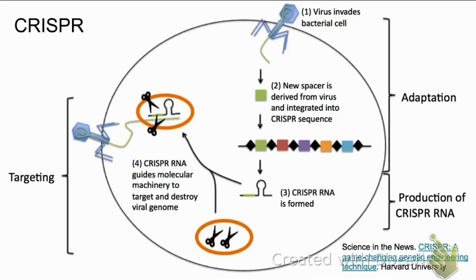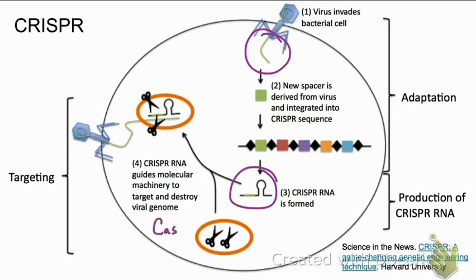Bacteria, like human cells and other eukaryotes, are infected by viruses. And in the case of bacteria, what we find is that when the virus injects its DNA into the cell, this DNA can be taken into regions that are known as CRISPRs. These CRISPR regions can be transcribed.